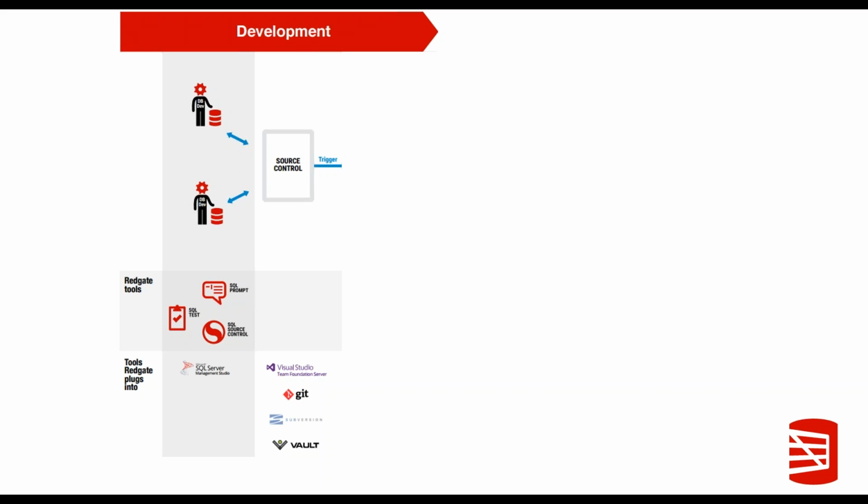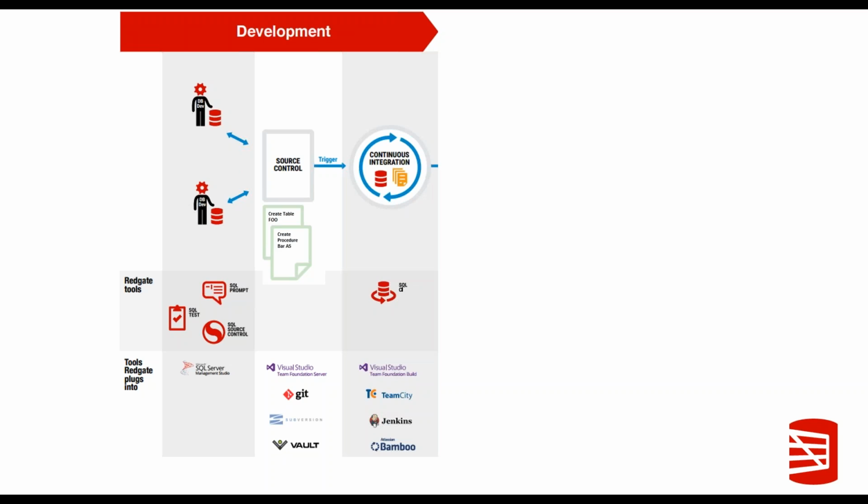So here we provide a set of tools that are plugins to SSMS that enable you to check in your changes from within SSMS into your existing source control system, whether that's Git, TFS, SVN, or any other source control system. So we basically follow the state-based approach. And what that really means is that when you make changes to your databases, we update the state of the database in source control as opposed to storing the change scripts that you execute on your development database.